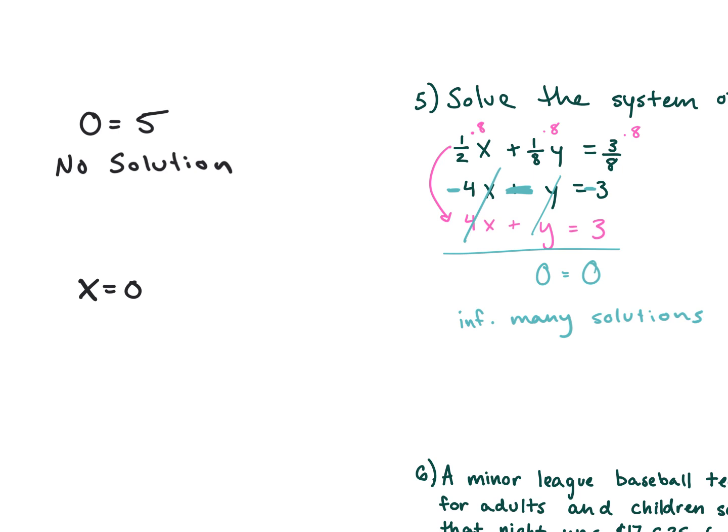If you get x equals 0, take 0, plug it in to find your y. You can get 0 as a solution, but if you get 0 equals a number that's not 0, your answer is no solution. If you get 0 equals 0, your answer is infinitely many solutions. So these two are super important to know for your quiz tomorrow. Know the difference between infinitely many solutions and no solution.